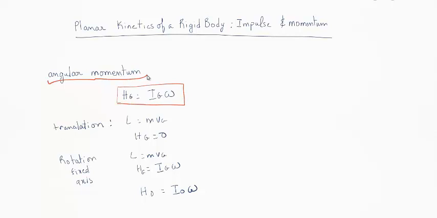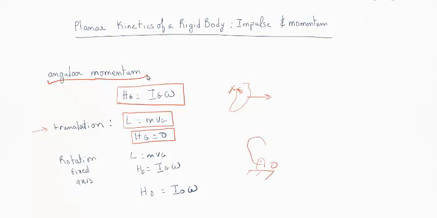Now, let's say we have translation, where the body just basically is moving in one direction. There's no rotation. So we have linear momentum L equals mvG. You remember that from before, and HG equals 0. Now let's say we have a rotation about a fixed axis, something like this.